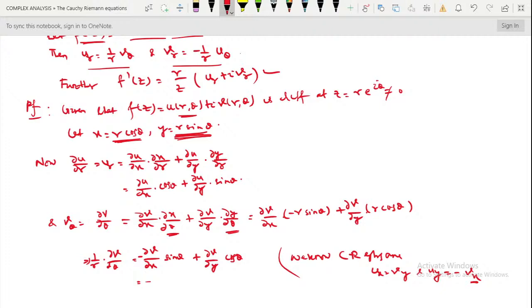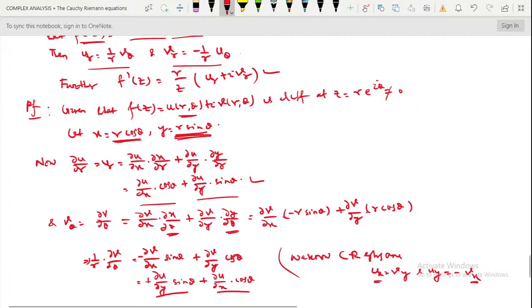So this is minus uy minus del u by del y sin theta, and there is a minus also here, so it will be plus. So del u by del y sin theta, and del v by del y is ux. So this is del u by del x cos theta, and you see this is del u by del x cos theta, del u by del x sin theta, del u by del y sin theta.